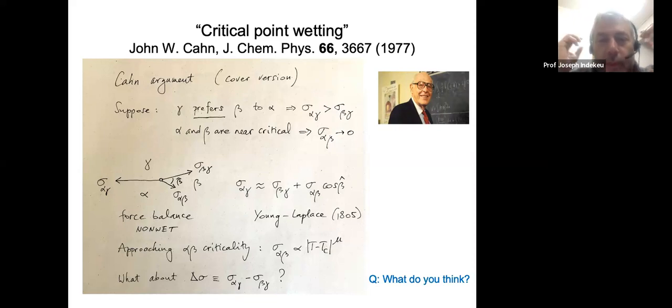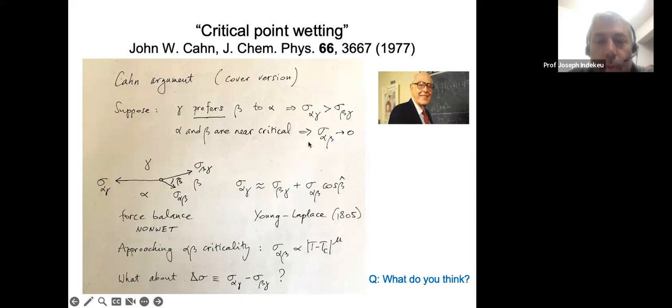So near criticality of alpha and beta, Cahn has proposed an argument, which is the following one. If we have a very small sigma alpha beta, then you know that the Neumann triangle will become very sharply pointed, and we can discuss the Neumann triangle in terms of the Young-Laplace equation using just one dihedral angle, in this case beta hat.